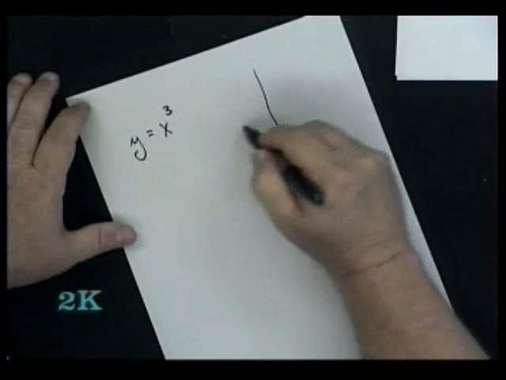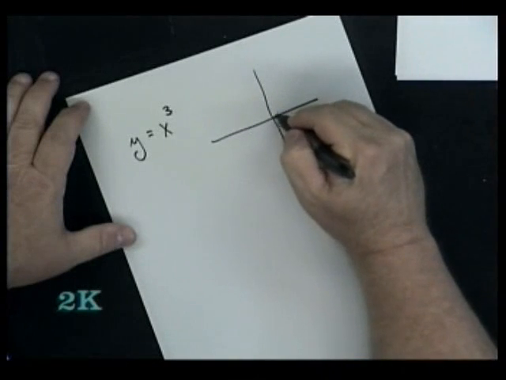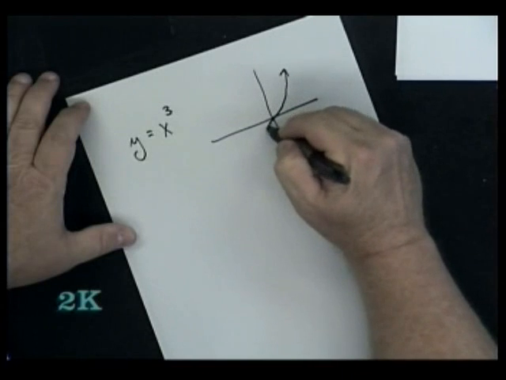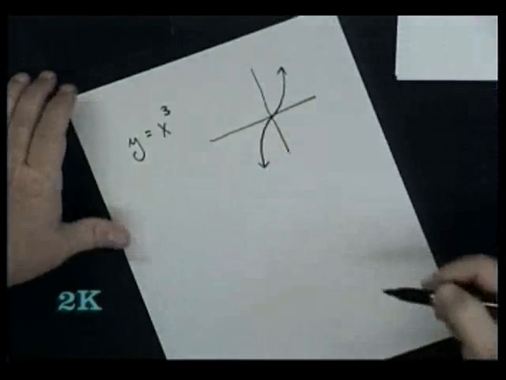Let's look at the graph of x cubed. I just happen to know what the graph of x cubed looks like, but if I didn't, I could do it on my calculator. I could plot some points.